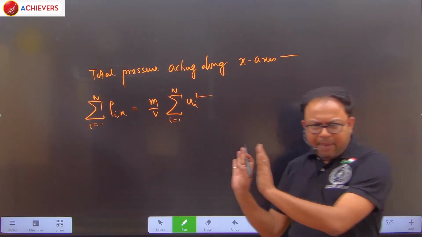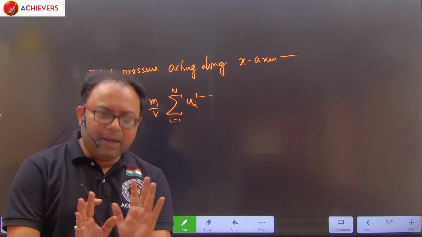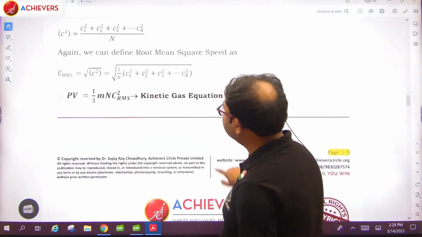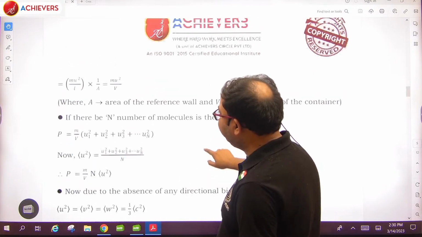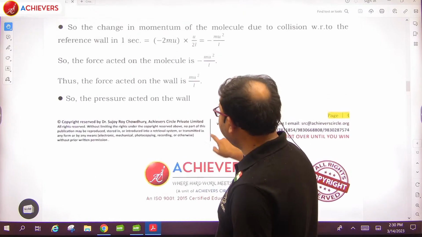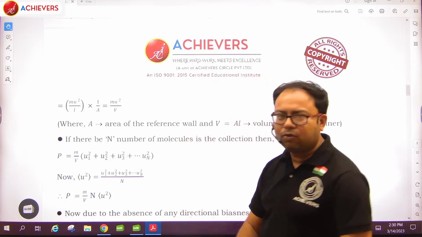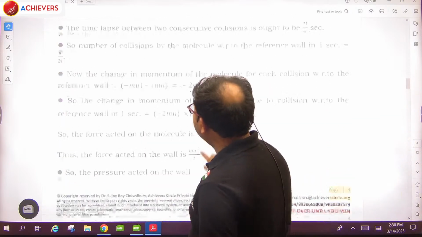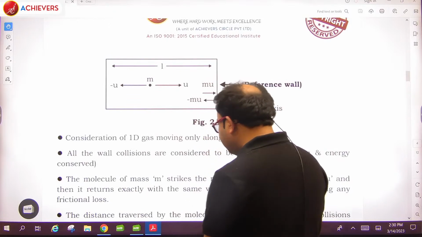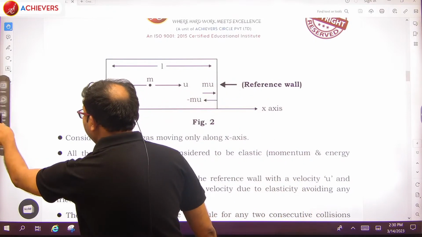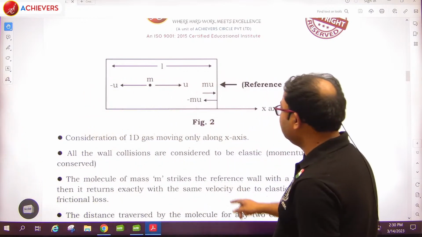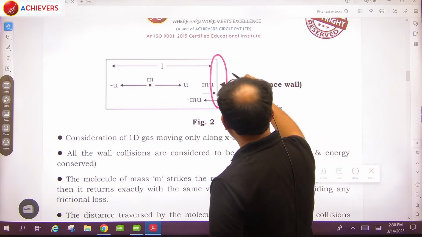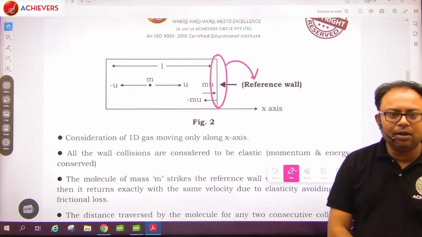Now we'll come back to this calculation in a moment. At first, let us have a look into the matter. We need to clarify some important things over here. We have considered this wall to be the reference wall.